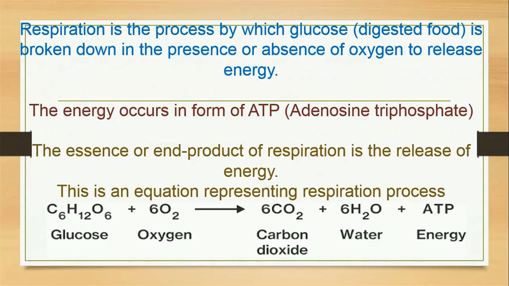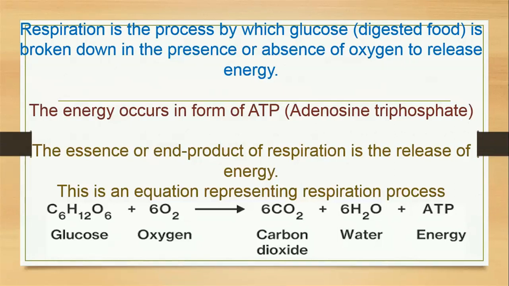When we take in food, the carbohydrate in our food is digested into glucose. Now this glucose enters into the cell, and in the cytoplasm or the mitochondrion of the cell, the glucose there is broken down into energy. Now, the energy occurs in the form of ATP. ATP stands for adenosine triphosphate.